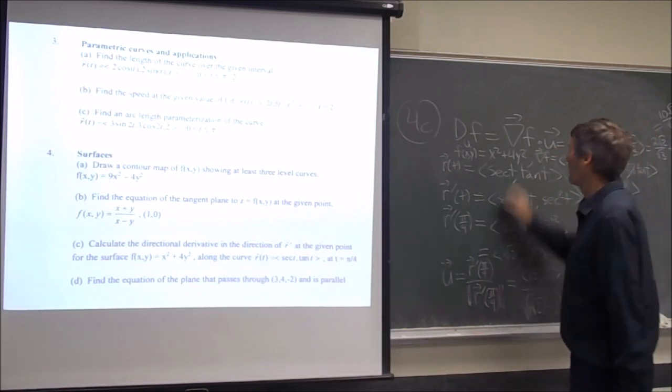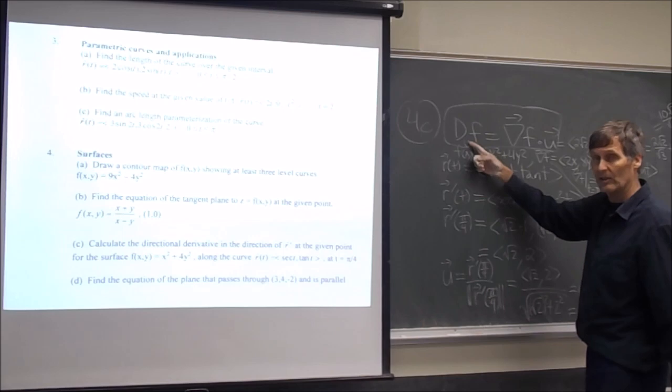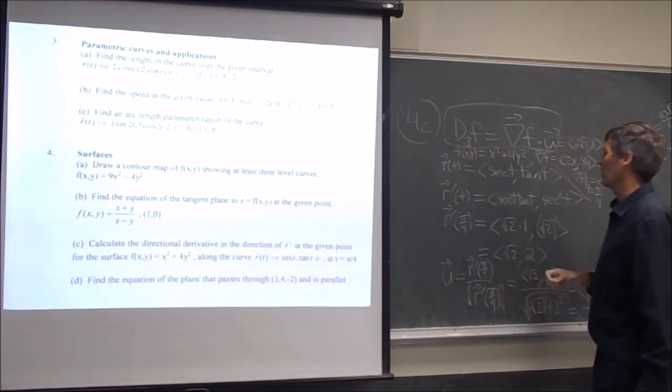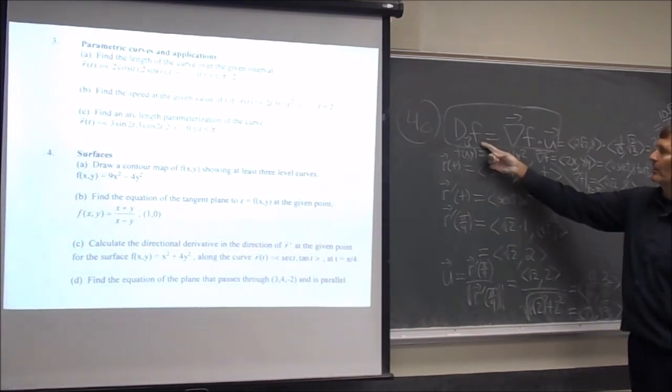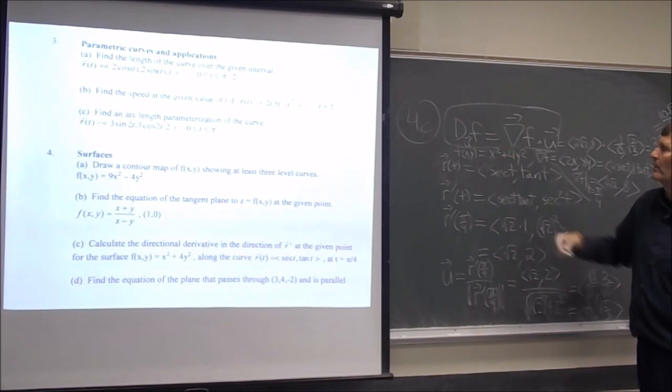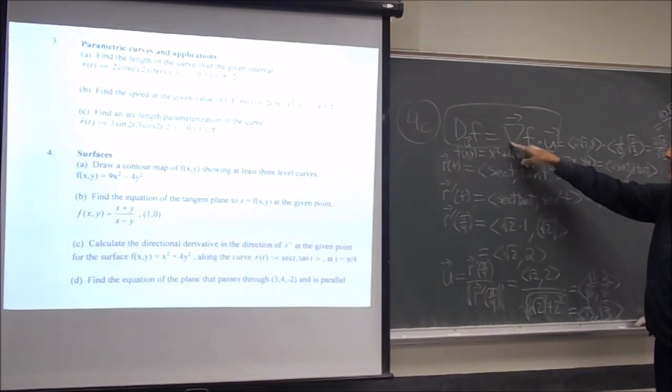So this is to be memorized. The directional derivative, D_u f, is gradient f dot u, where u has to be a unit vector in the direction that you want to find the slope of the tangent line. So that's the directional derivative. It's the slope of the tangent line of the surface, z equals f of x, y, in the direction of unit vector u. So first I'll find the gradient of f, so I can evaluate this.